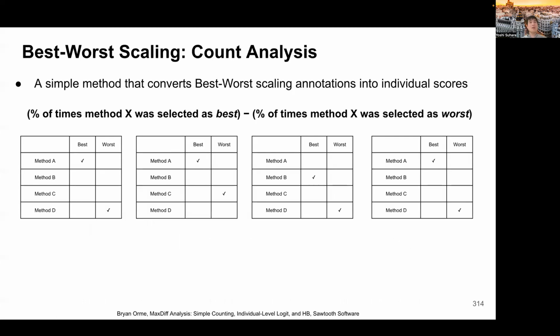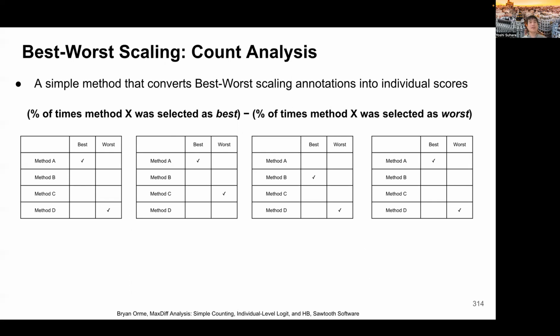There are several options to convert best-worst scaling annotations into scores. A simple method is subtracting the percentage of times method X was selected as worst from the percentage of the times method X was selected as best. This way, the score for the unanimously best method becomes 100, and that for the unanimously worst method becomes -100.